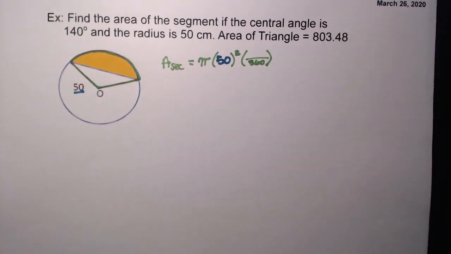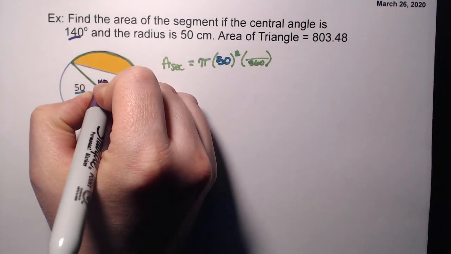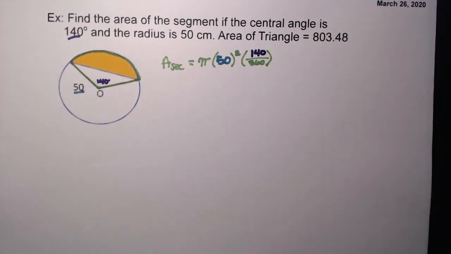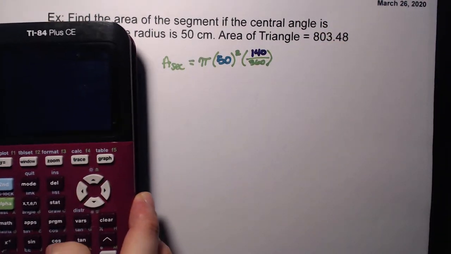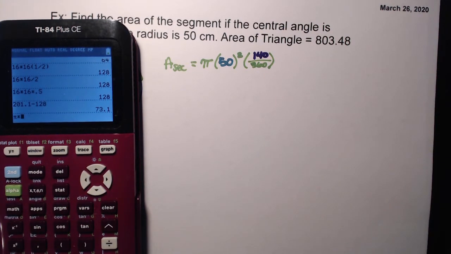And then I know that my angle is 140 degrees because it tells me. Okay. So then I'm going to type that in. So pi times 50 squared times 140 over 360.